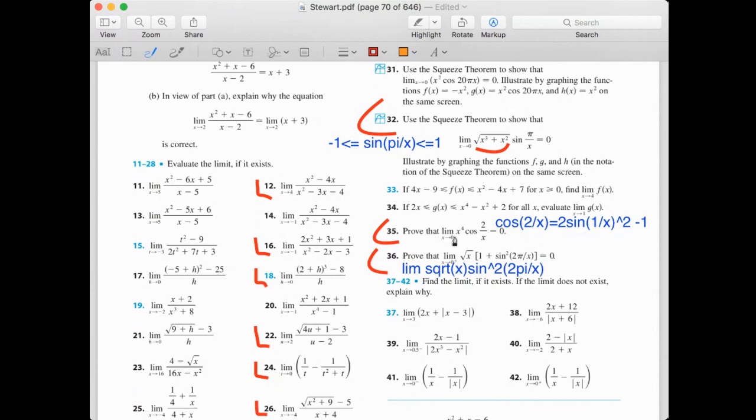Then x raised to the 4th, or negative x raised to the 4th, is a polynomial. We can plug in 0. So all we have to deal with is the cosine term, the sine term. Yes, you can try that too for both of them. You can try to use the squeeze theorem.